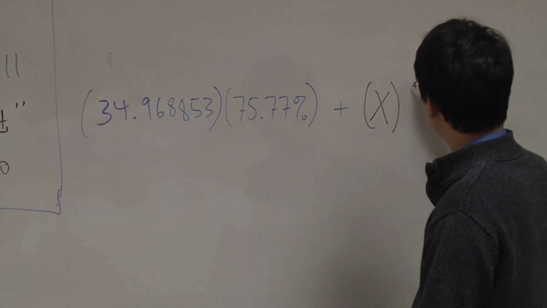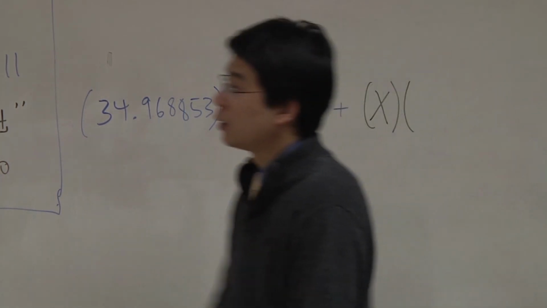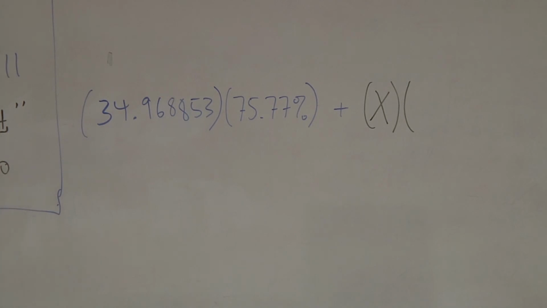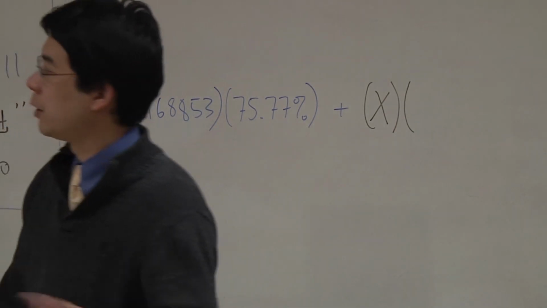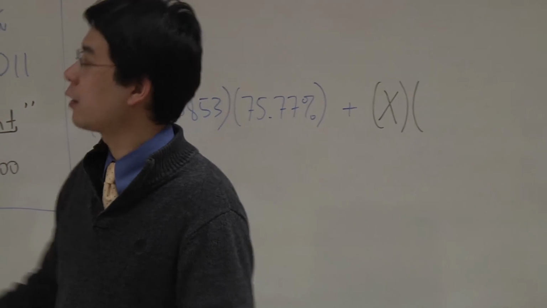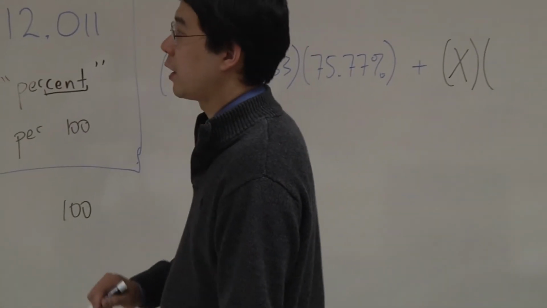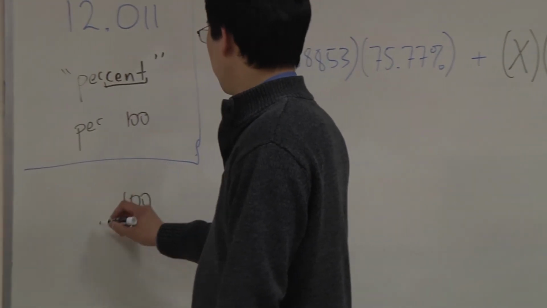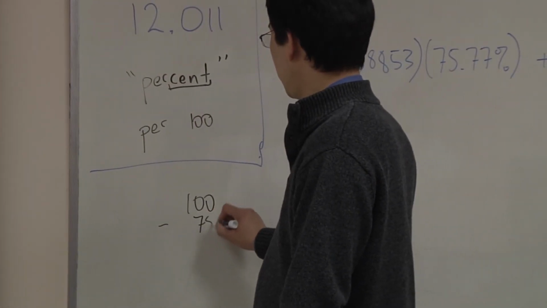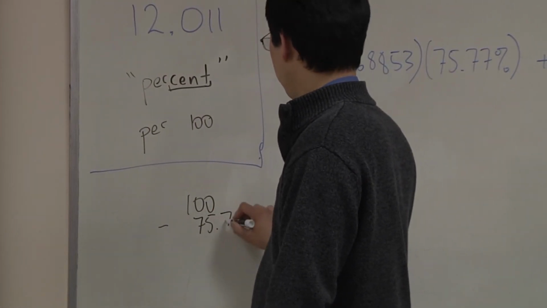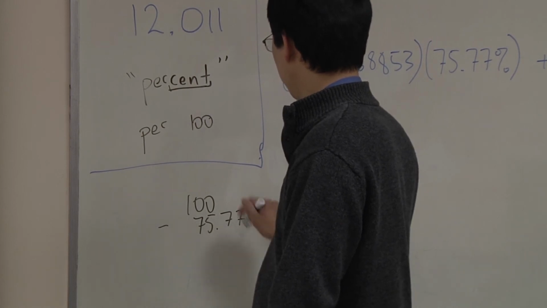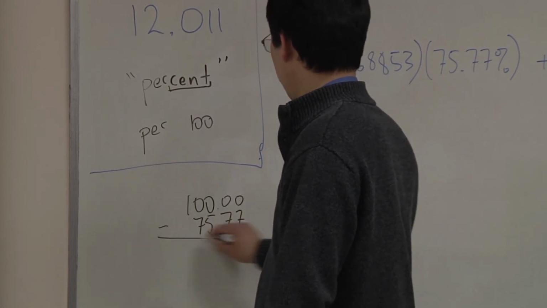X times what? Well, if 75.77% of the chlorine found in nature is chlorine-35, and there's two isotopes, the other isotope must be everything that's not chlorine-35. So it's going to be 100, an exact number, right, minus 75.77. Because this is an exact number, we can just keep adding zeros.